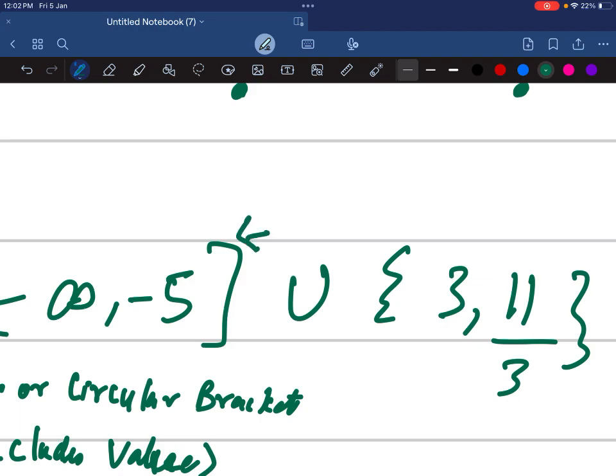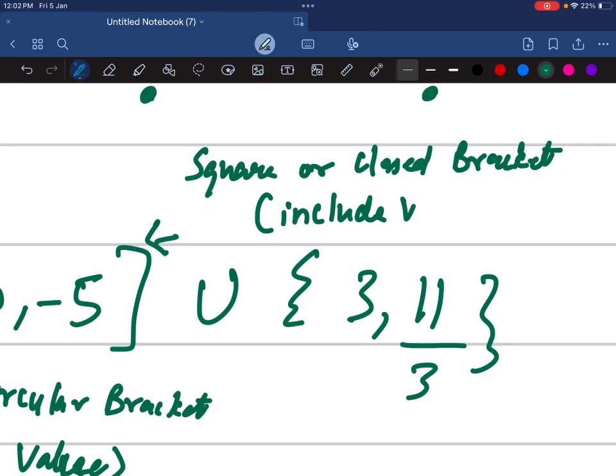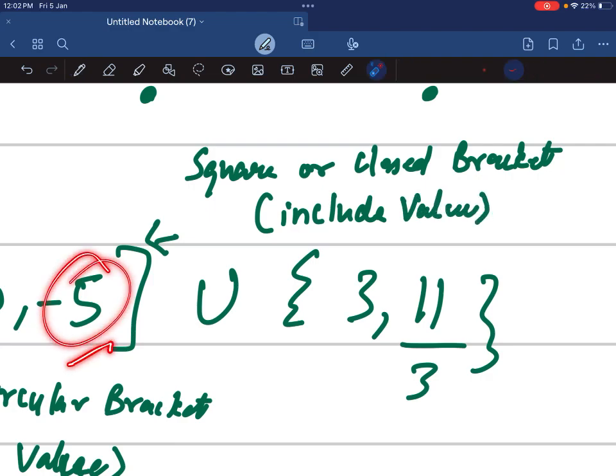Then the second bracket is the square or closed bracket, and this is going to include the value. Whatever value is in there, we're going to include it. So we're going to include negative 5.